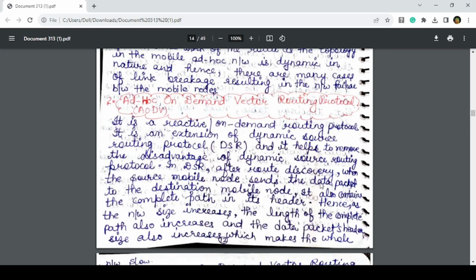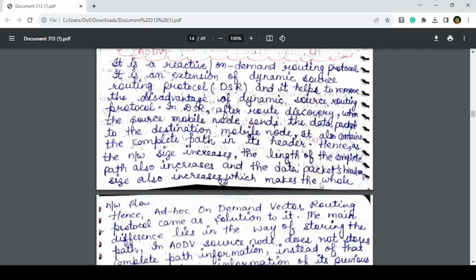In dynamic source routing, after the route discovery, when the source mobile node sends data packets to the destination mobile node, the header also contains the complete path. Hence, as the network size increases, the length of the complete path also increases. The data packet header size also increases, which makes the whole network slow.